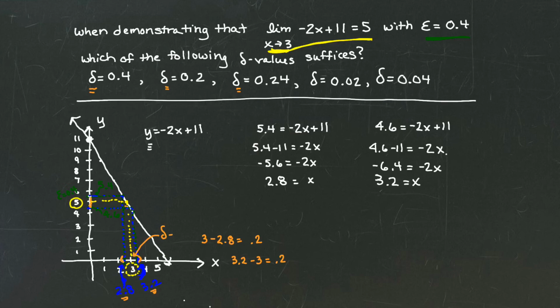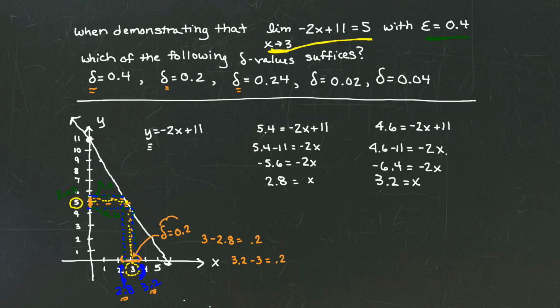If I have delta equal to 0.2, then every x value will be between 2.8 and 3.2 and will correspondingly map up to the epsilon band where epsilon is 0.4.